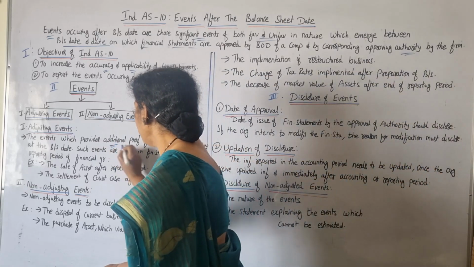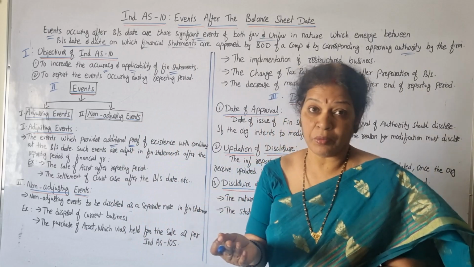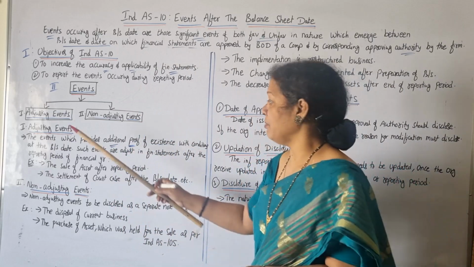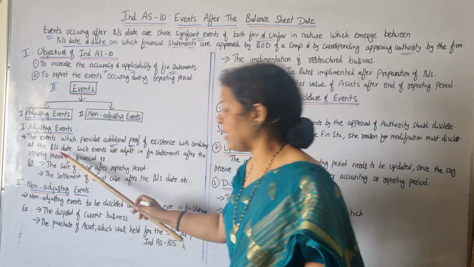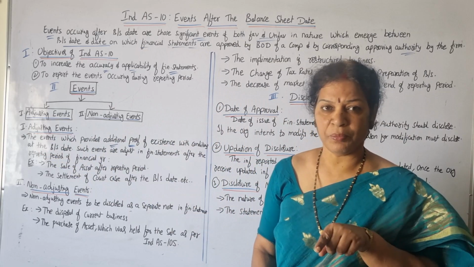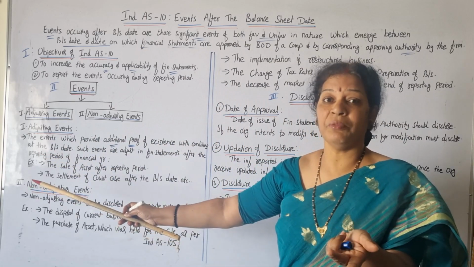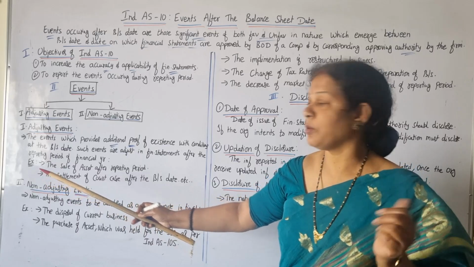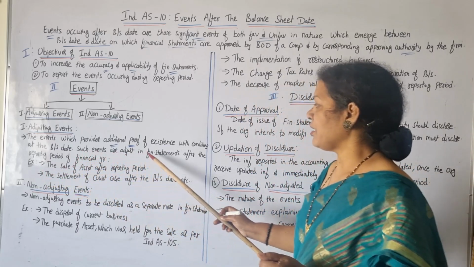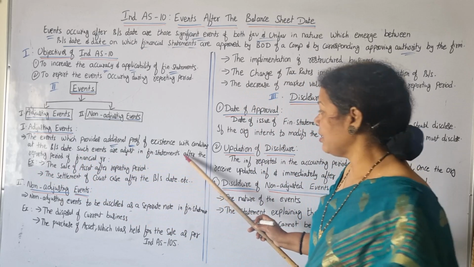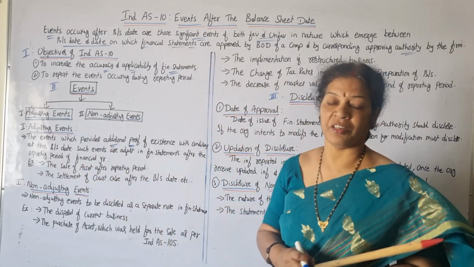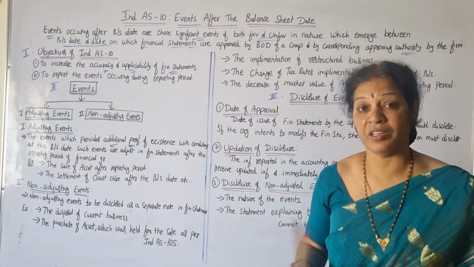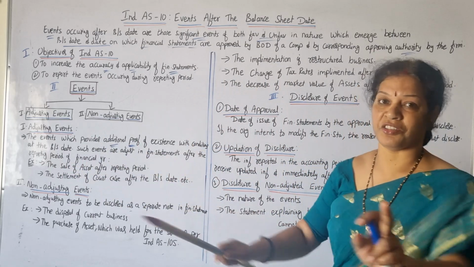Only when we are able to give the additional proof of the existence of conditions at the balance sheet date can we call them adjustable events, and we can include them. Such events are adjusted in the financial statements after the reporting period of the financial year.